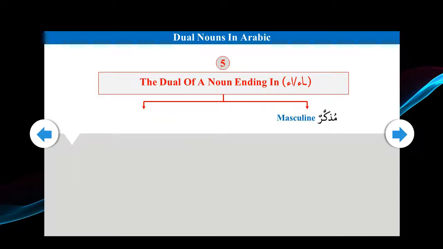If the noun is masculine, we will just add the dual suffix to the end. Take for example the word وعاء, which is a masculine noun even if it has the feminine ending alif mamduda.